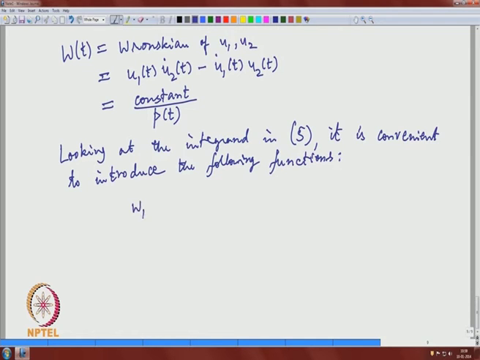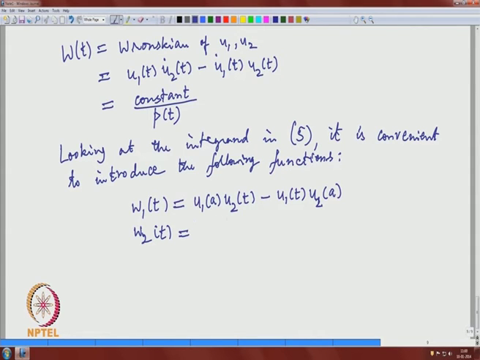Namely, w1 t is equal to u1 a u2 t minus u1 t u2 a, and w2 t at the other end.